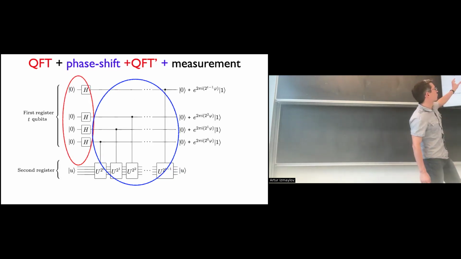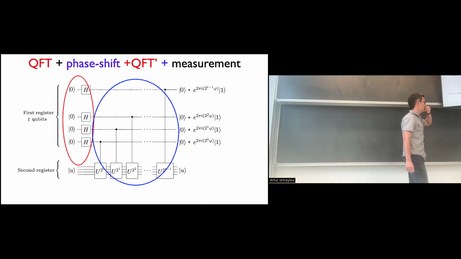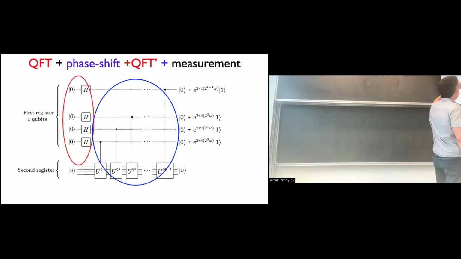Okay, and going back to the scheme that the quantum phase estimation is constituted of. One can think of it as a quantum Fourier transformation, the red oval here. Then there is a phase shift going on here in the blue. And then there is an inverse Fourier transformation and measurement.